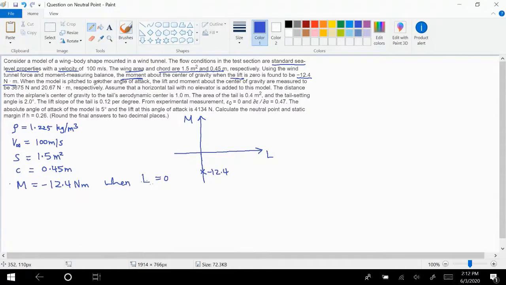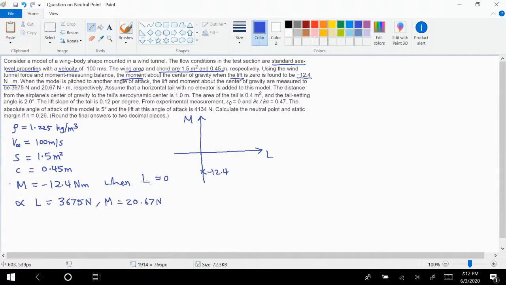When the model is pitched to another angle of attack, now it doesn't say which angle of attack, the lift and moment about the center of gravity are measured. So there is some alpha, and at that alpha, the lift is equal to 3675 Newton, and moment equals 20.67 Newton meter.